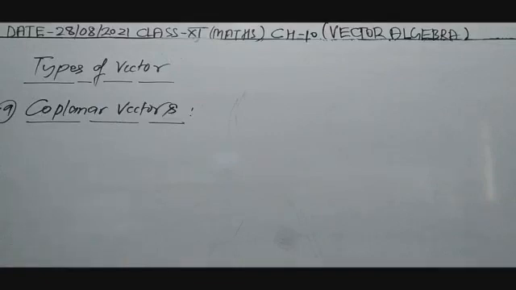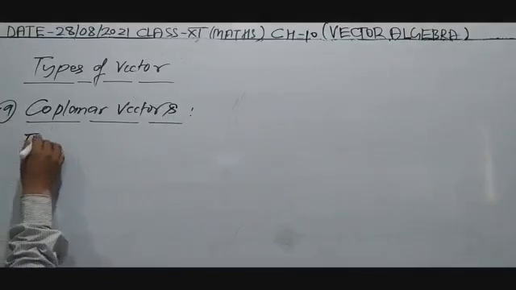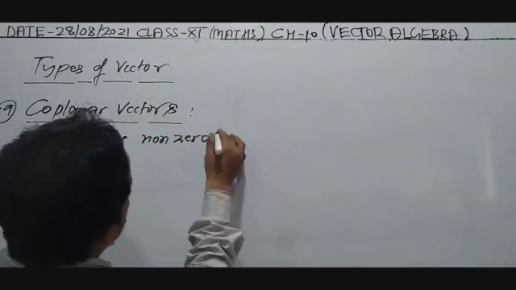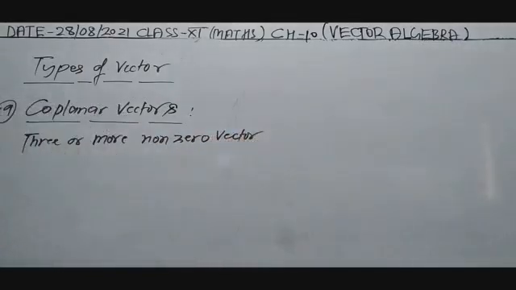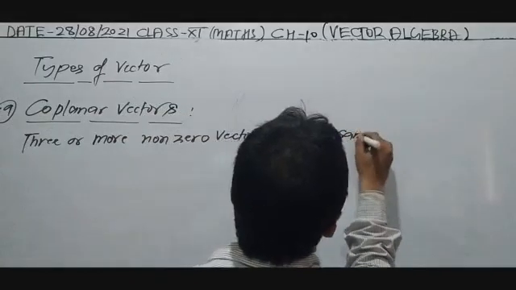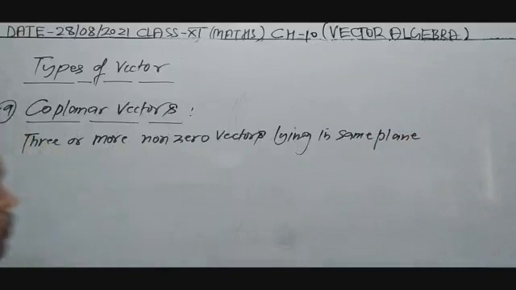Three or more non-zero vectors lying in the same plane, that is, vectors lying in the same plane, are known as coplanar vectors.